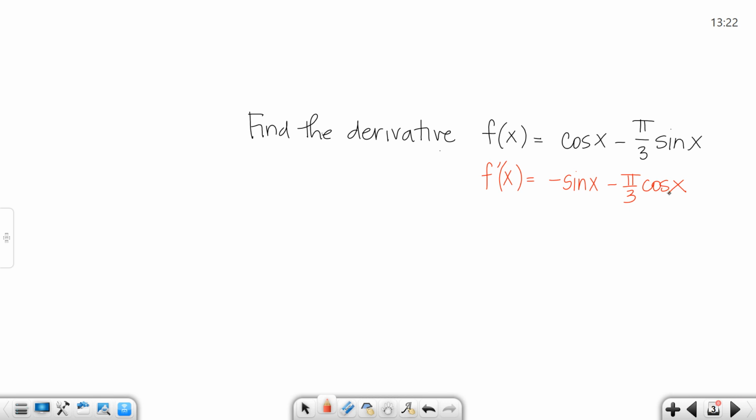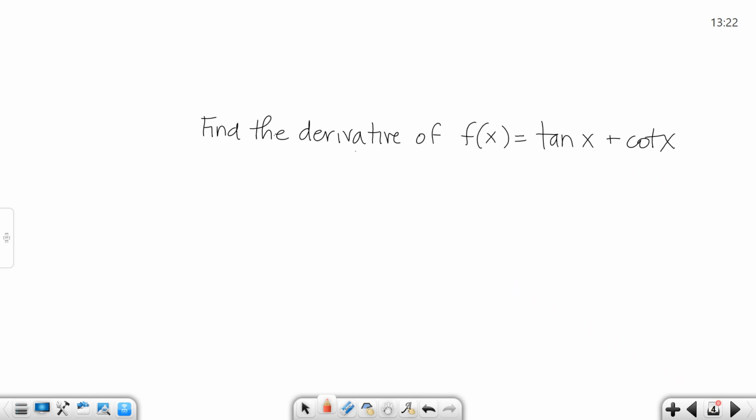Okay, let's try a couple more of these before we get to the complicated ones. This time I ask you for the derivative of tangent plus cotangent. Okay, on your sheet, the derivative of tangent is secant squared. On your sheet, the derivative of cotangent is negative cosecant squared. And that's what you get.